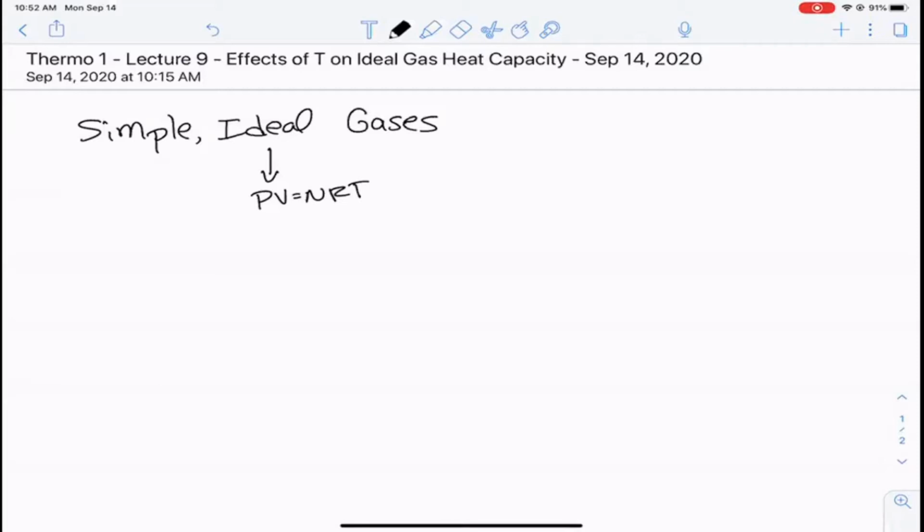And simple means that the heat capacity is equal to a constant.